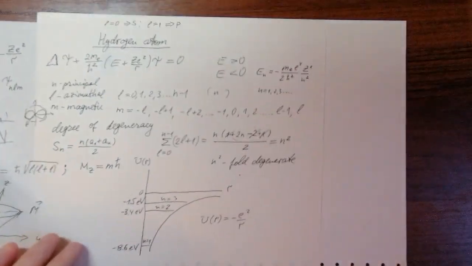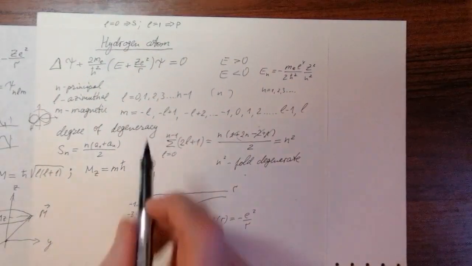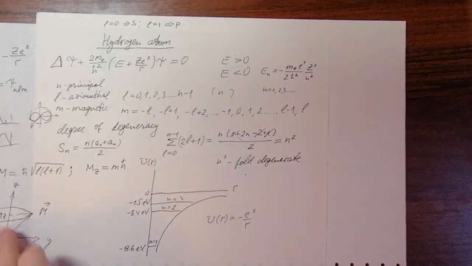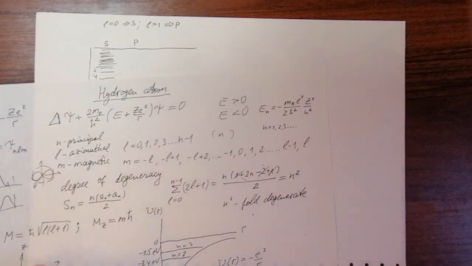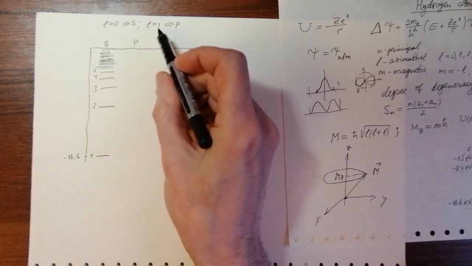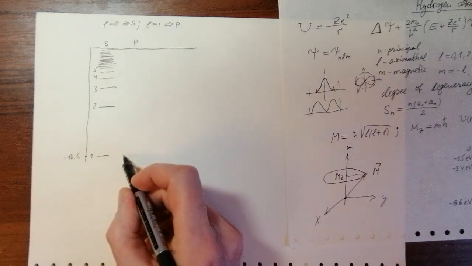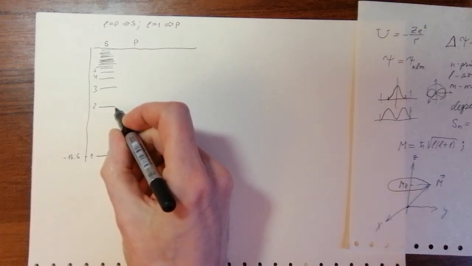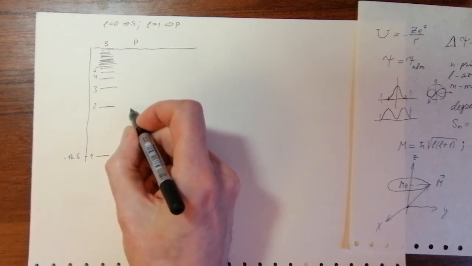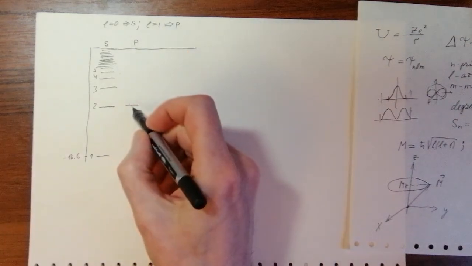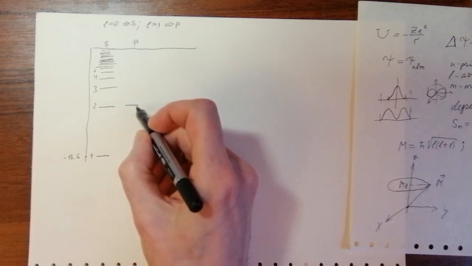Again, we remember that L is less than n, and P corresponds to L equal to 1, so we cannot have a level here, because L should be n minus 1 maximum. So n equal to 2 is the lowest level with L equal to 1.